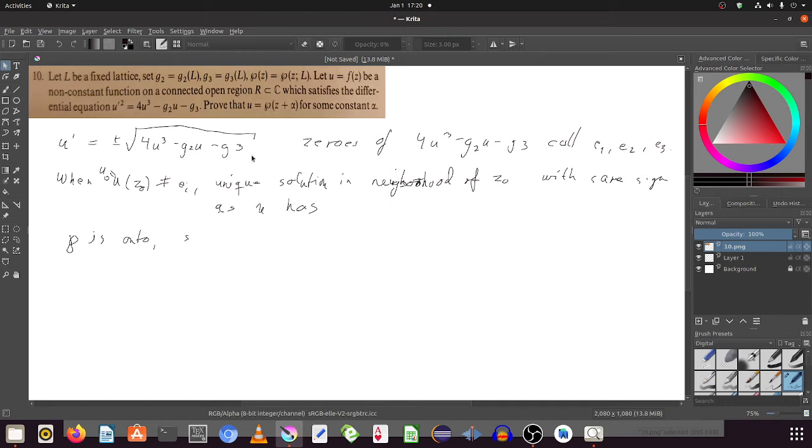Now we are talking, of course, about 2 points in the fundamental domain. That's right, it does. It's because the Weierstrass P function is even.